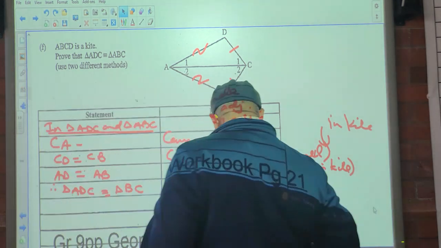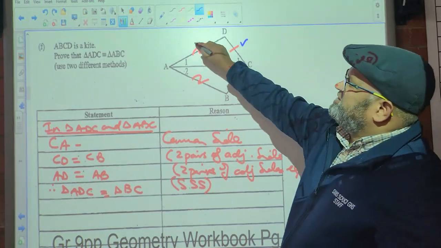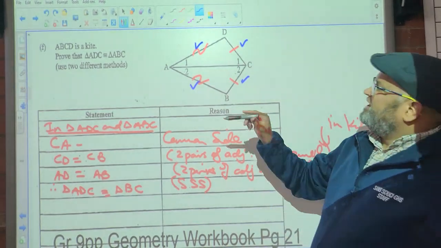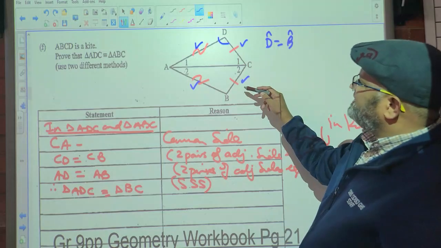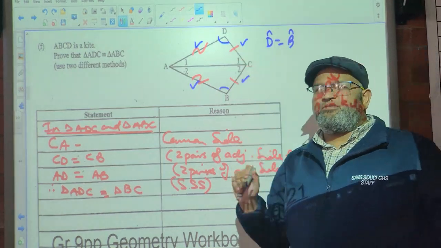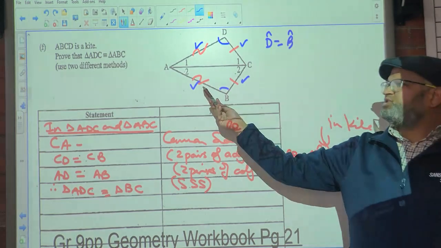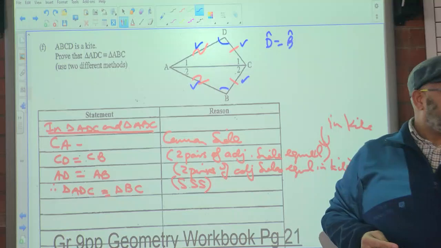Alternatively, I could have said, firstly, that is equal to that. That is equal to that. So I keep those two. However, I say that angle D is equal to angle B. Why? Because one pair of opposite angles are equal in a kite. And in what case of congruency would this have been? Side, angle, side. Okay?